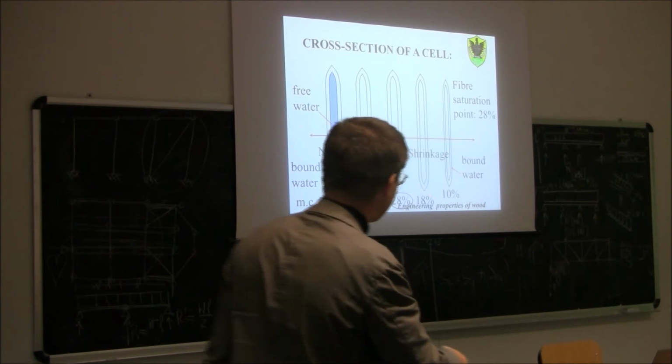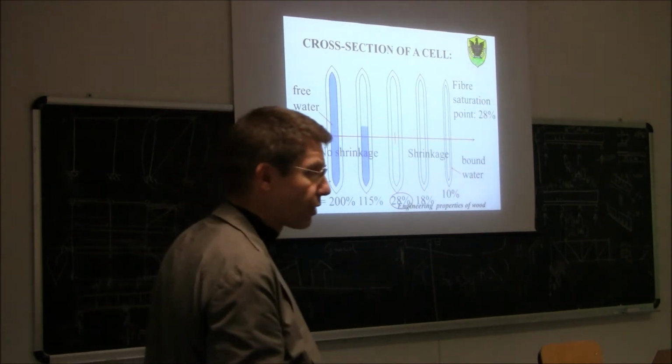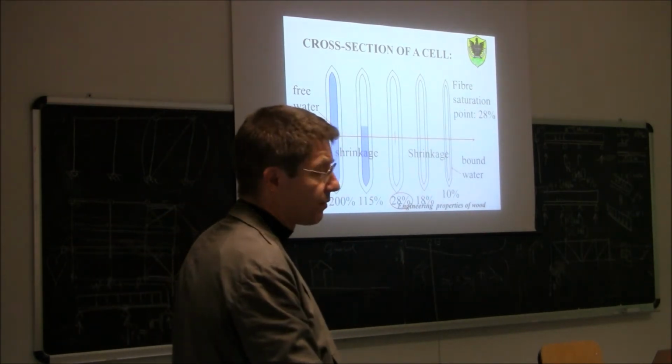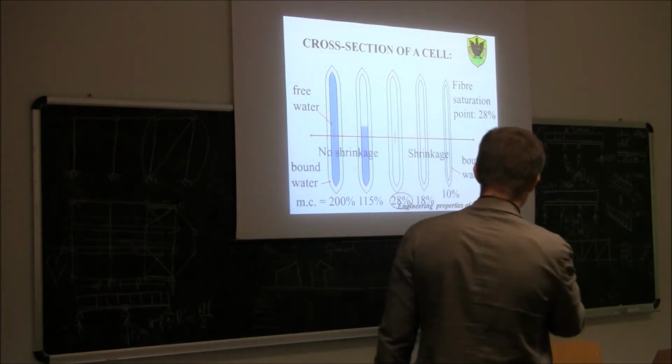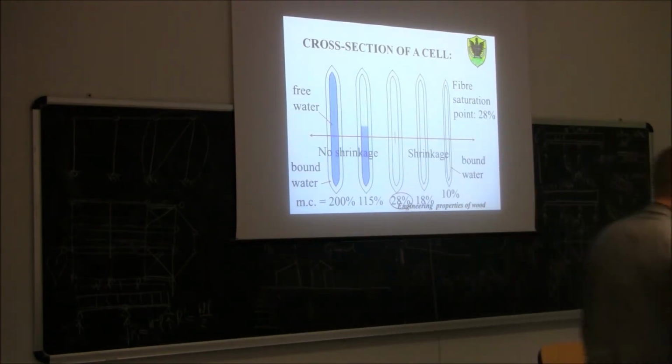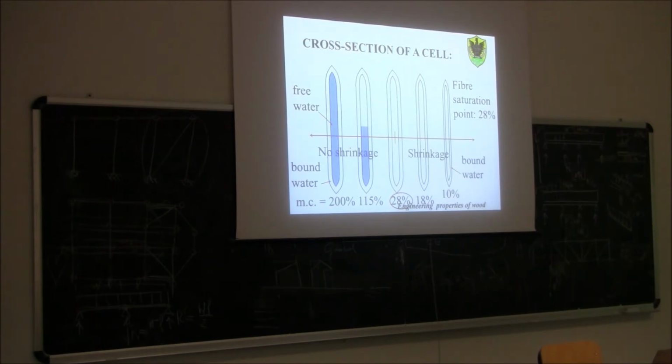Instead, below the fiber saturation point, if you have a moisture content variation, particularly a moisture content decrease, then you will get some shrinkage. Shrinkage in Italian is called ritiro. Of course, if you go down and then you go up again, then you get swelling, rigonfiamento.